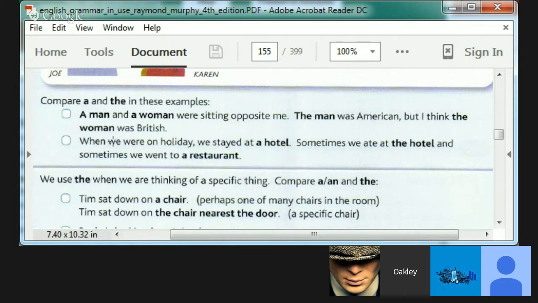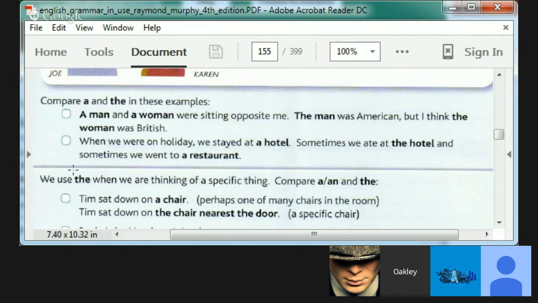So again, telling a story here, we mentioned a hotel, and then we continue to talk about it. It's now the hotel. It's been defined, but we bring up another new piece of information, a restaurant. Notice that a restaurant, it's the first time we brought it up, we use the article a.